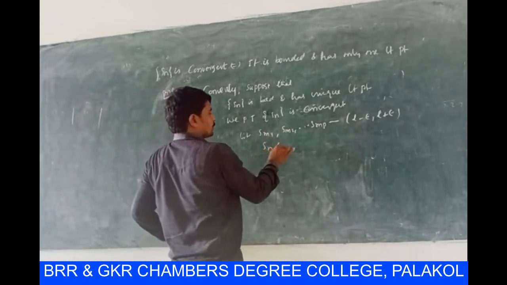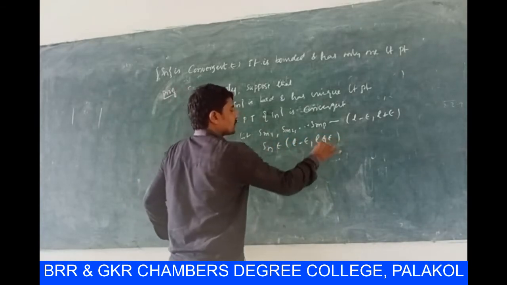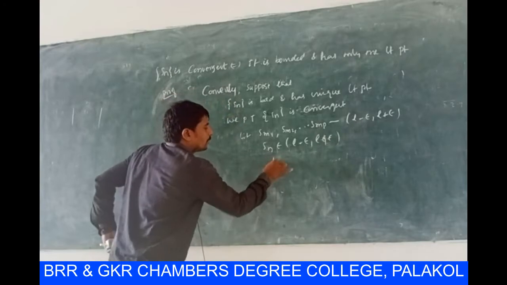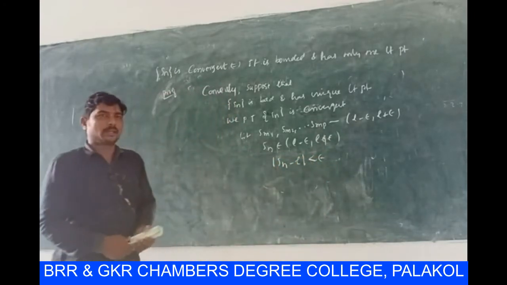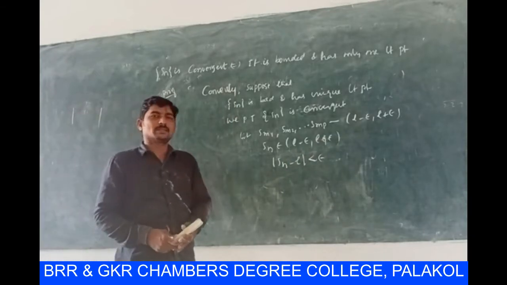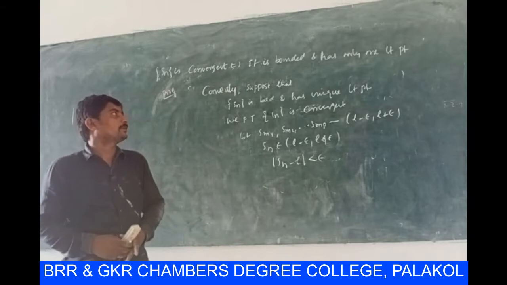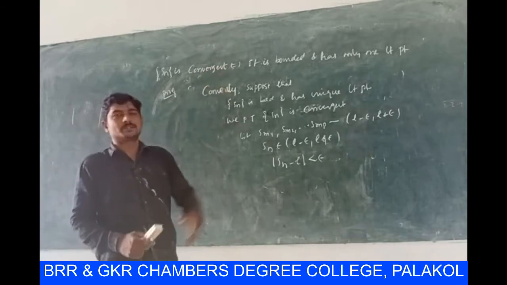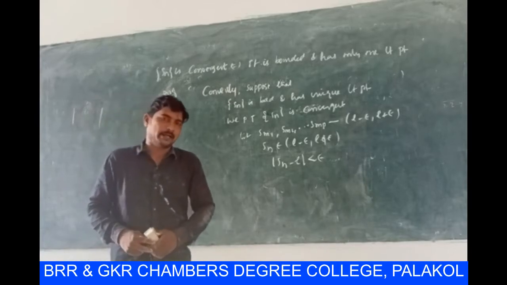Otherwise, Sn belongs to L minus epsilon comma L plus epsilon, which implies modulus of Sn minus L is less than epsilon. From this relation, for all n, we say that the sequence Sn is convergent. So like that we have proved this theorem: the sequence Sn is convergent if and only if it is bounded and has only one limit point.